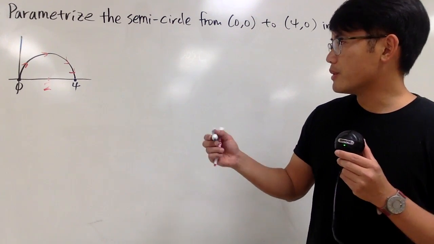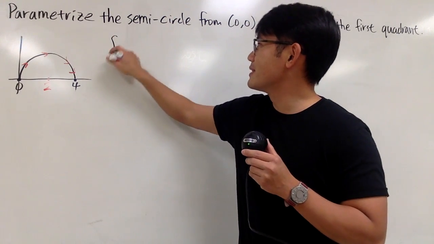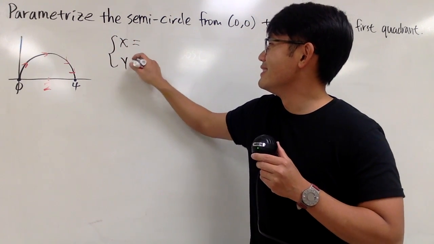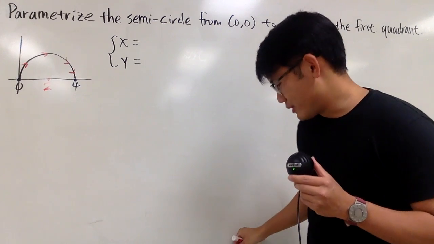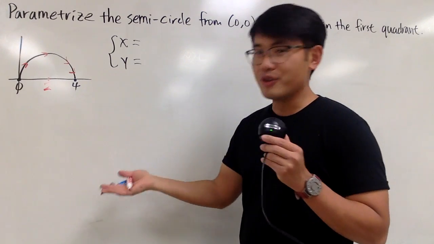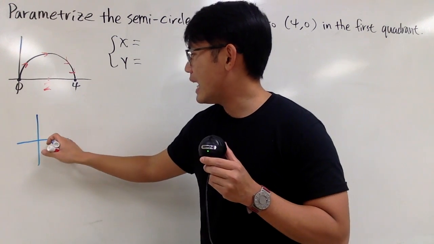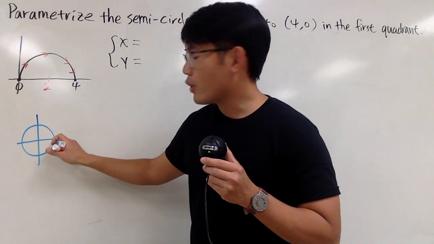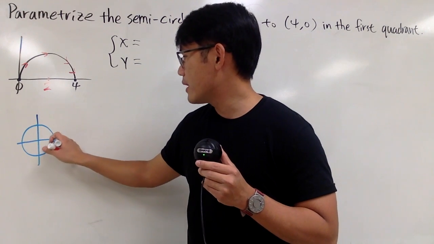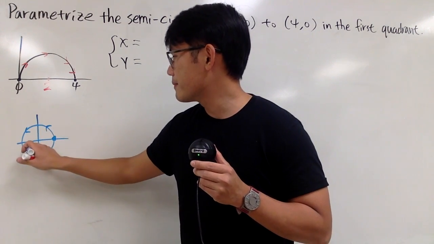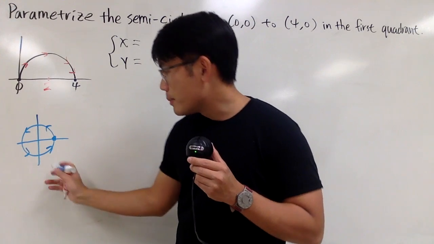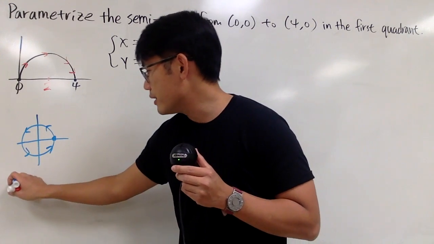Okay, this is what we are going to do. First, of course, let me just write down x and y. And let me also remind you guys, this right here would be good for note-taking purposes. First, when we have the unit circle going from here in this direction, we know that we can parametrize this unit circle by doing this.